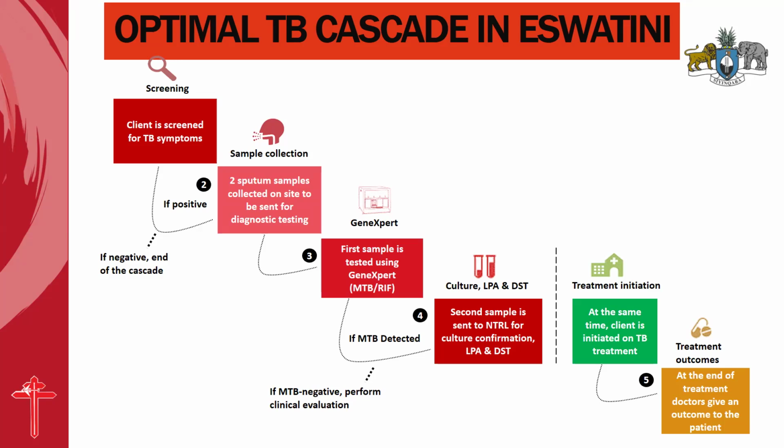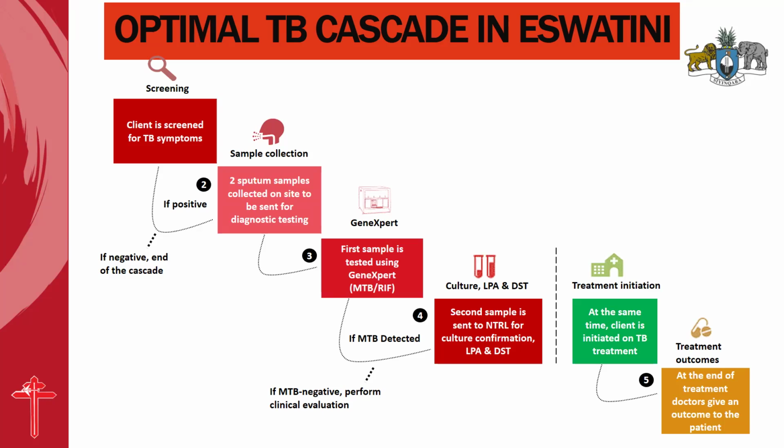So the first sample is tested using the GeneXpert MTB/RIF. Then from this GeneXpert, it's either positive or negative. If MTB is detected, it means the second sample has to be sent to NTRL for culture confirmation, LPA, and DST.